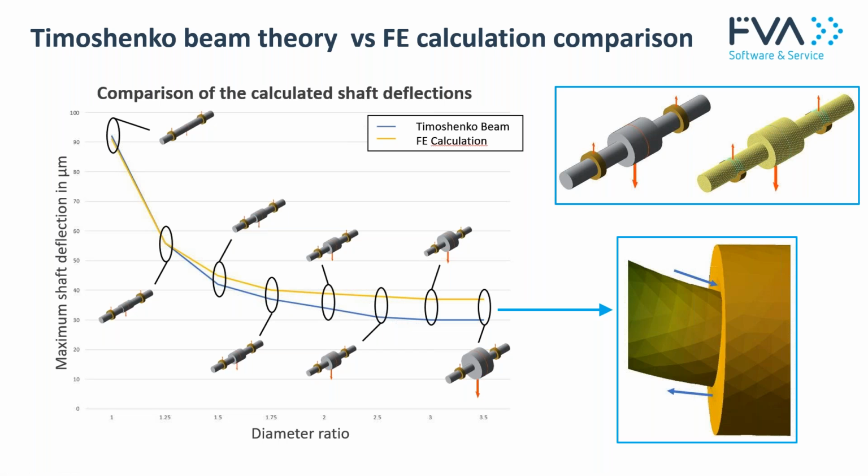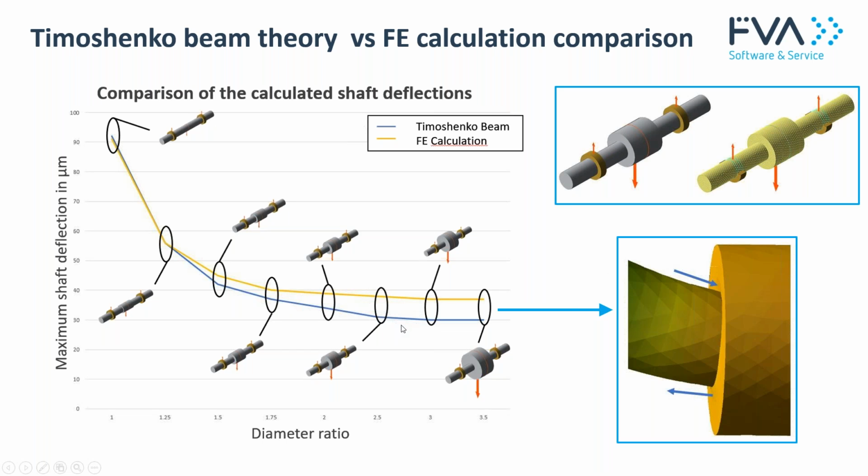Here we see the maximum deflection of the shaft over the diameter ratio. Diameter ratio means the diameter in the center compared to the diameter of the shaft on the outside. On the right side, the jump in diameter is larger.